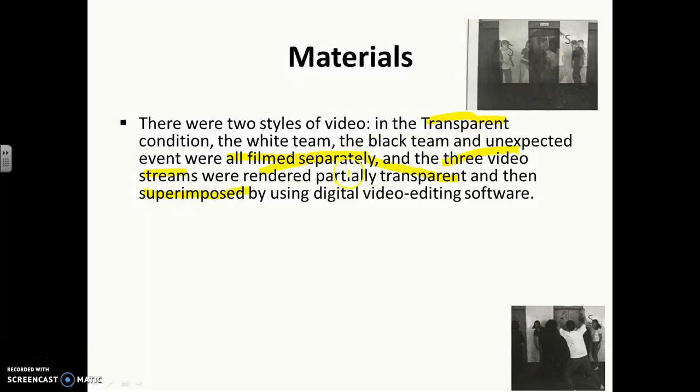If you imagine a black team and a white team just running around and pile all of those on top of each other, you can still see through them. You can see that white player and the black player. So you can still see everybody, but they're not in the same room together at the same time.